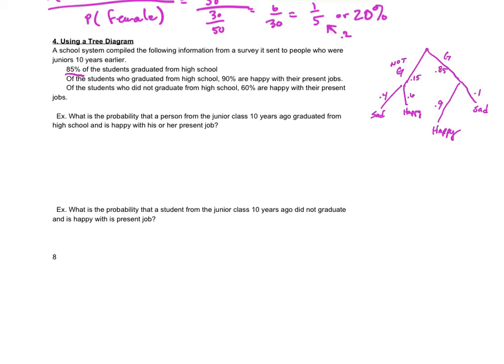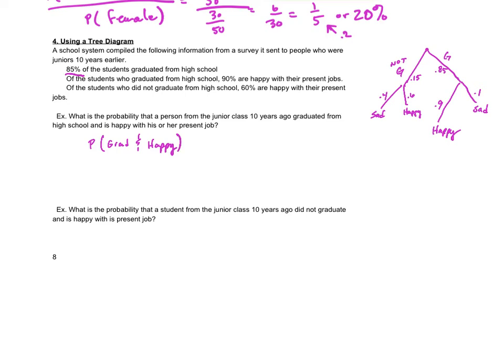And what is the probability that a person from the junior class 10 years ago that we're talking about graduated from high school and is happy with his or her current job? So we are looking at the probability that they graduated and they are happy.